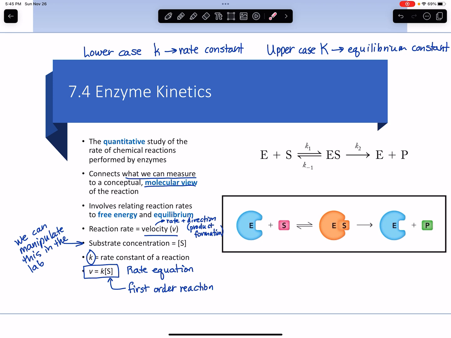As we go into the Michaelis-Menten equation, or the Michaelis-Menten kinetics, the reason I want to actually derive the equation is because, especially for you biologists in the class, this may be the only time you see the mathematics derived between our conceptual picture and the data we can collect in the lab.